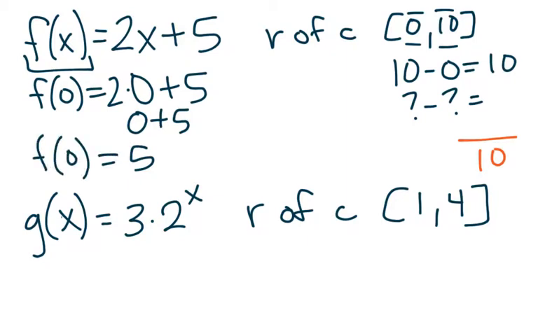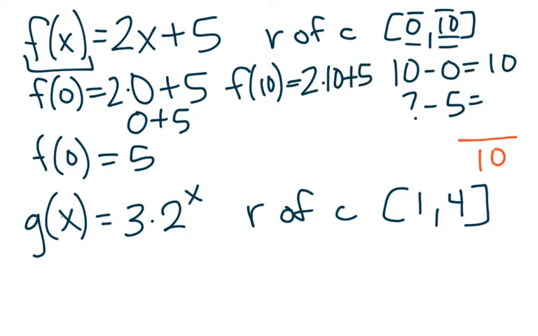So for the 0, the y value, the output, is 5. Now I do it for the 10. So I go f of 10 equals 2 times 10 plus 5. 2 times 10 is 20, plus 5 is 25. And I get 25, right? F of 10 equals 25.